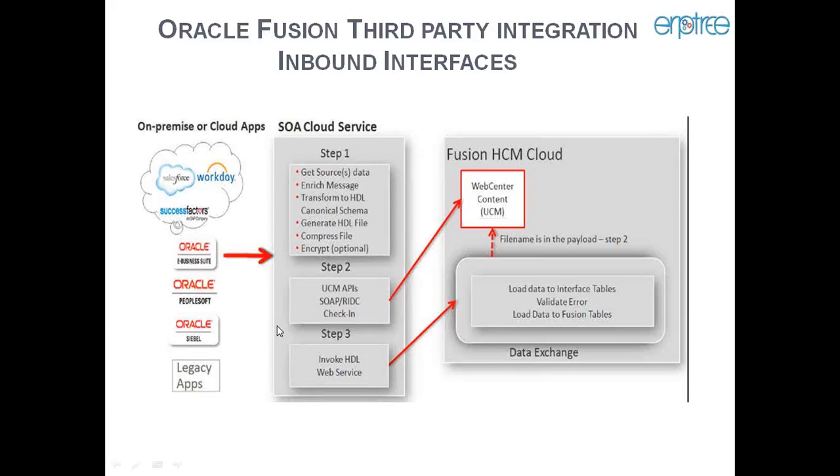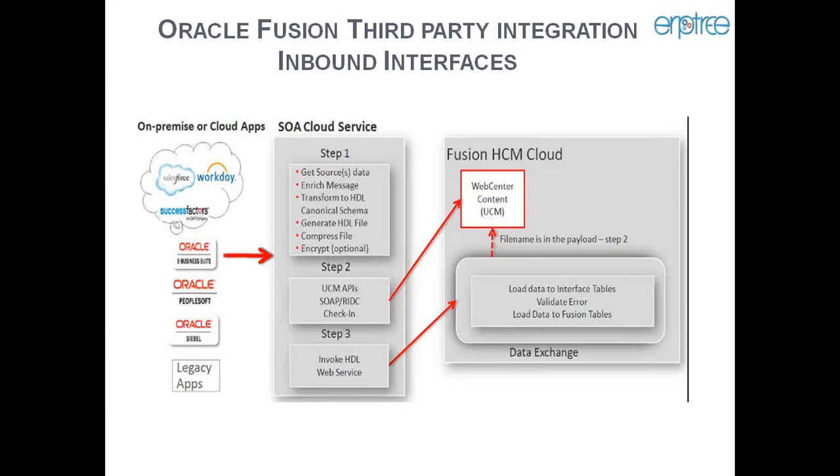Okay, so what is this? This is basically jar files which we place on the third party system, or we place it into the SOA. We have the SOA, and then we call these jar files with the help of a Java class, or even from Unix we can call this.